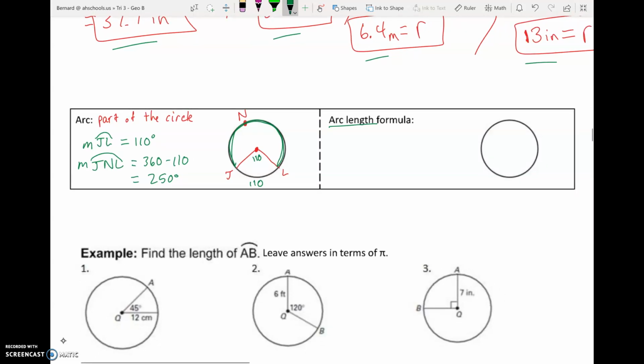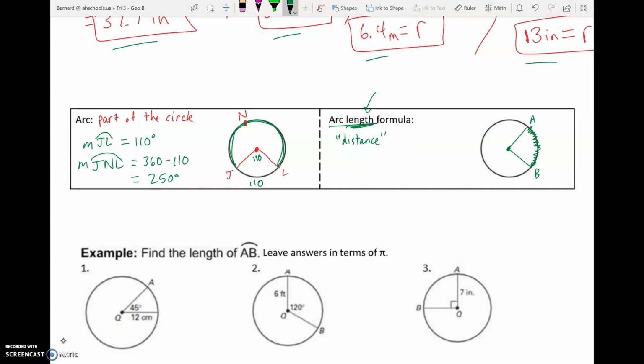Now, let's talk about arc length, because again, arc length is different than degrees. And so here's how this works. Let's say we have this circle over here, and we've got a center, and this creates a central angle. And we call these points A and B. And so let's say we want to figure out the length of arc AB. Well, first of all, remember length means like distance, right?